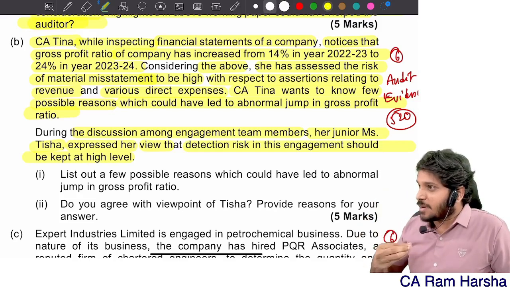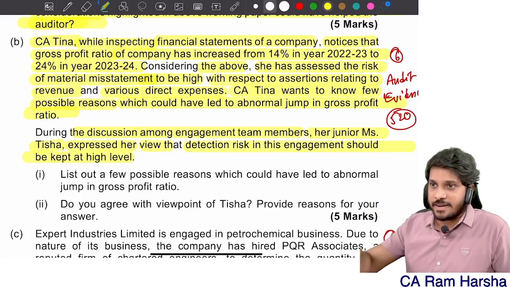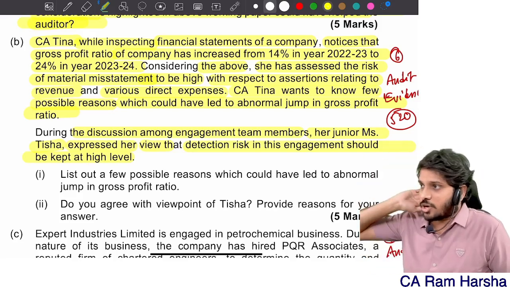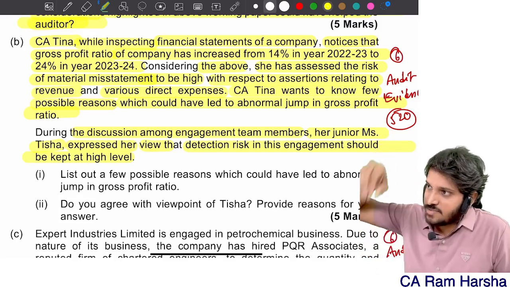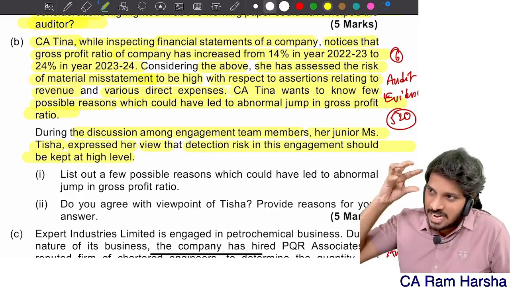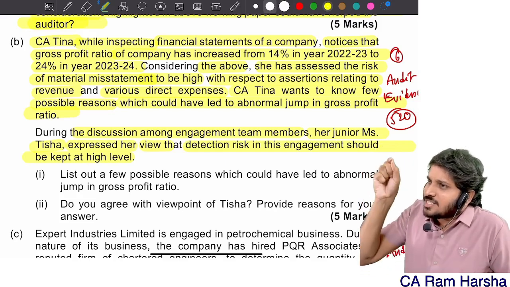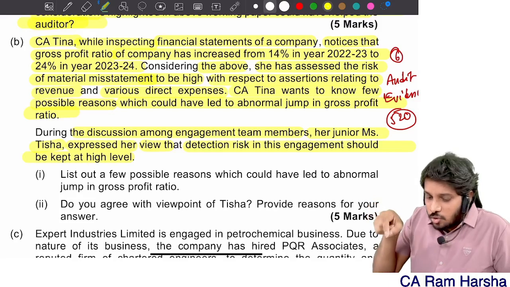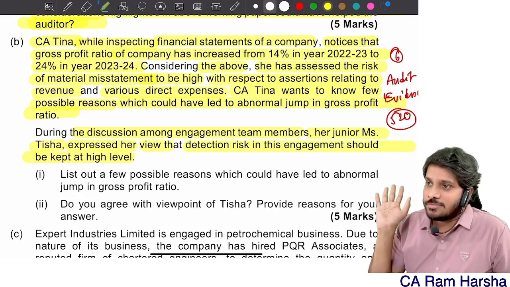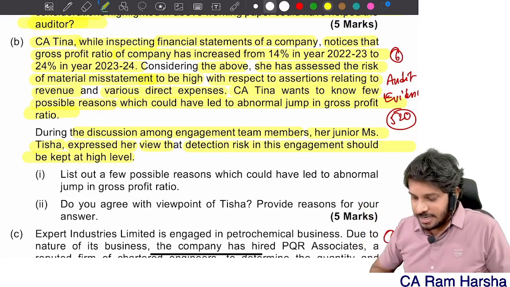Naturally, the auditor expects a high possibility of fraud in revenue and direct expense accounting that resulted in overstatement of gross profit, which the auditor has already classified as high risk. So the auditor will no doubt verify direct expenses and revenue at a larger level, which means detection risk generally reduces. So Trisha's argument that detection risk should be kept at a high level is wrong. Getting it?